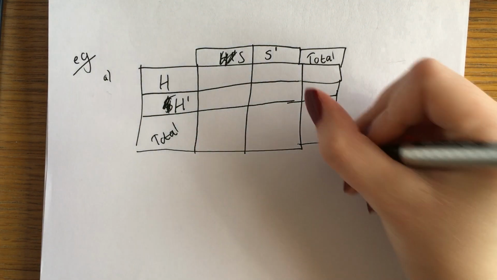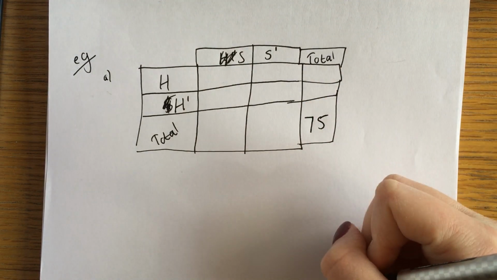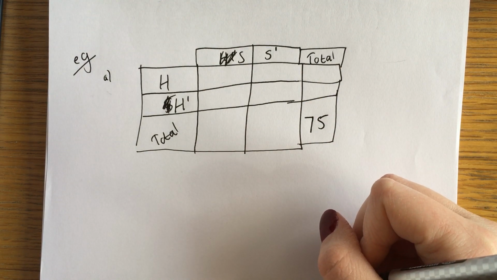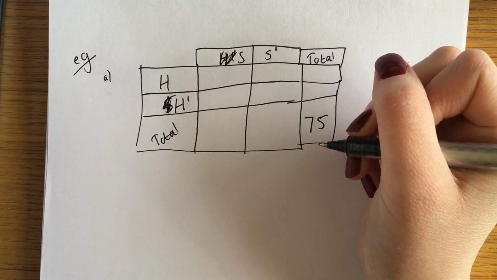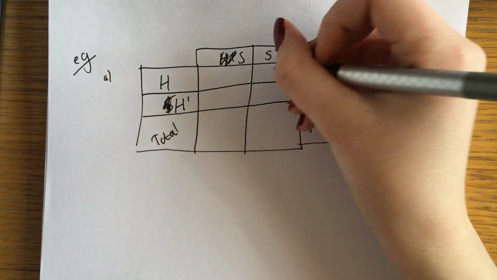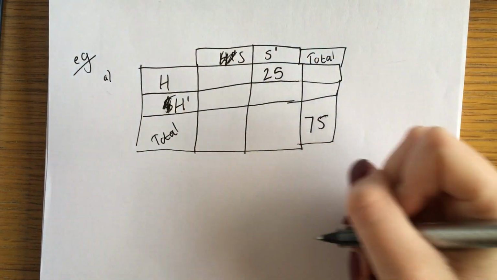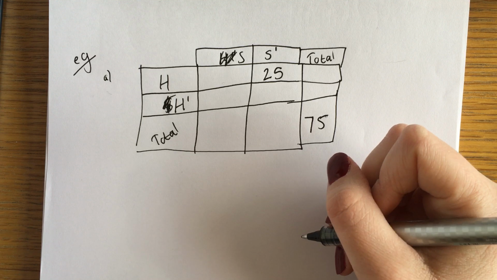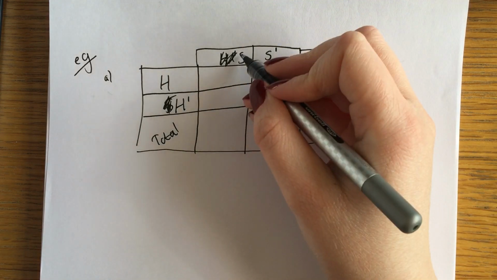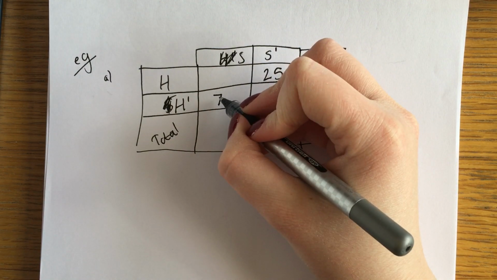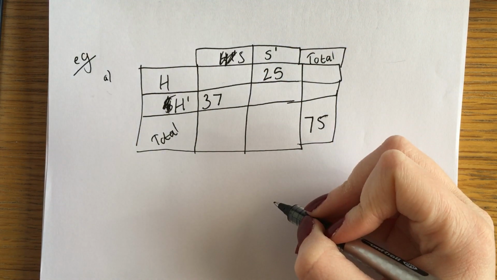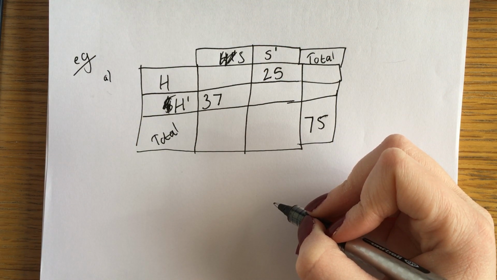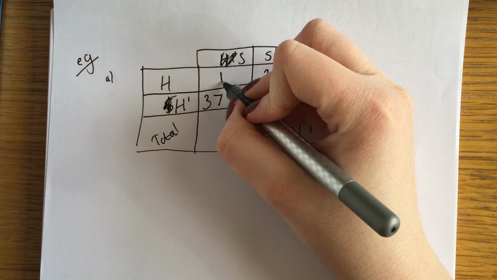So we know there are 75 students in year 12. 25 study only humanities. So that means they study humanities and not science. 37 study only science. So that means science and not humanities is 37. 11 study both science and humanities.